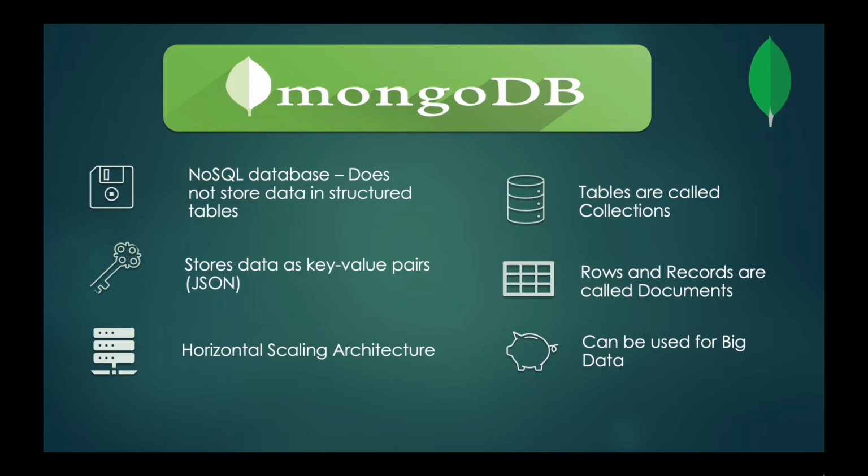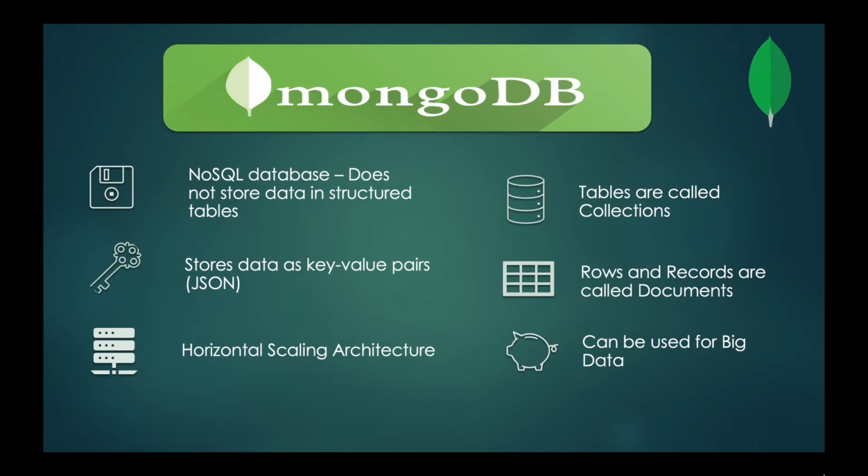It also uses the horizontal scaling architecture, which keeps adding nodes horizontally, and the performance does not get affected in any way. Whereas relational databases use vertical scaling, and its configuration cannot go past a certain limit.